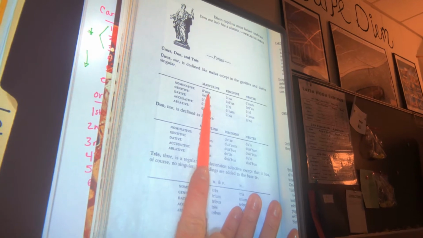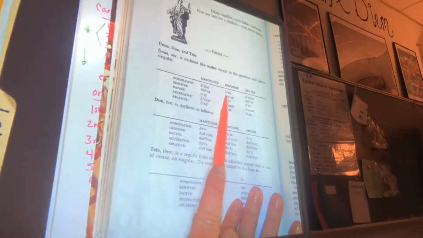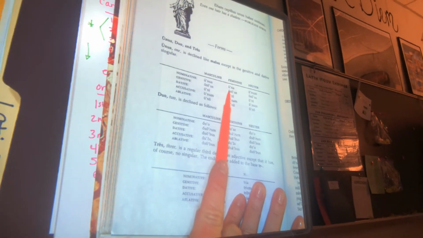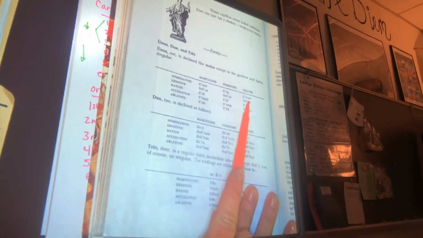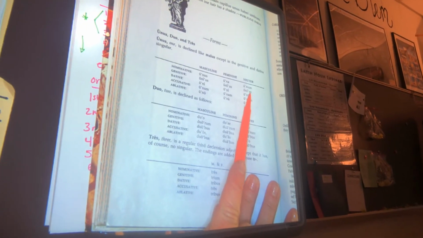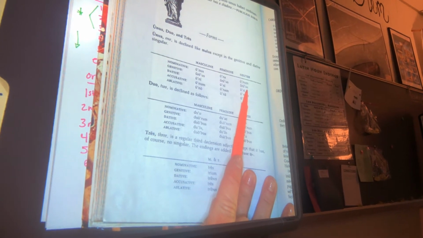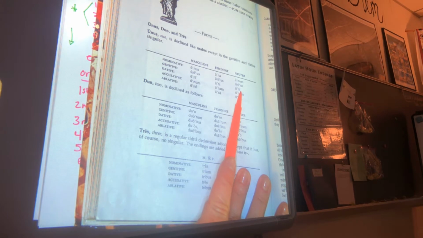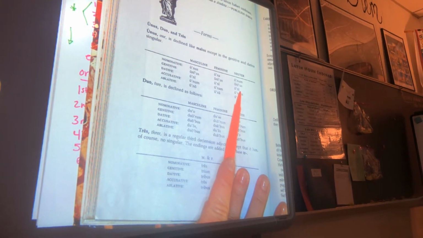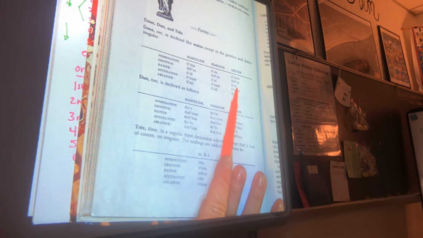If you wanted to say 1 woman, una femina. 1 gift, unum donum. What about of 1 gift? Unius doni. To or for 1 gift, uni dono. It needs to agree in number, case, and gender, just like all adjectives.